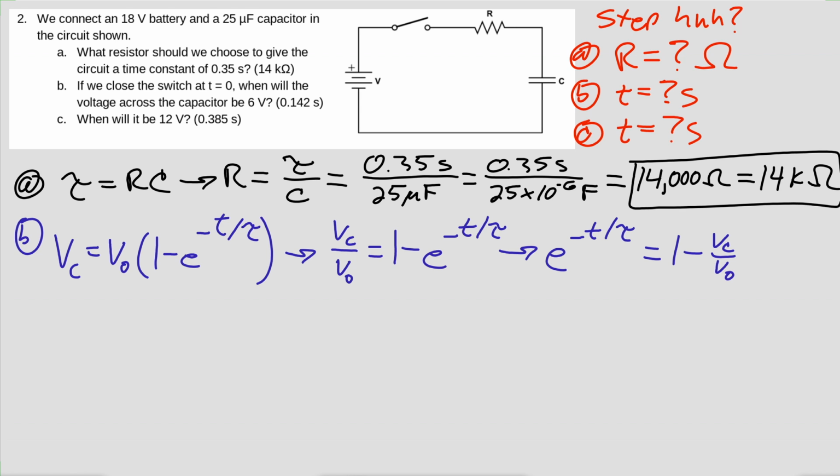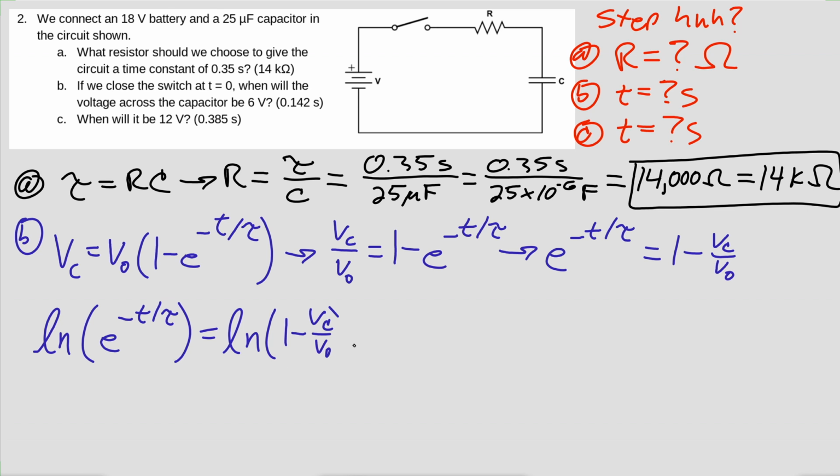Let me actually rewrite that just to make it clear. I'm going to have natural log on the left, e to the minus t over tau, is equal to natural log of 1 minus V sub C over V naught.